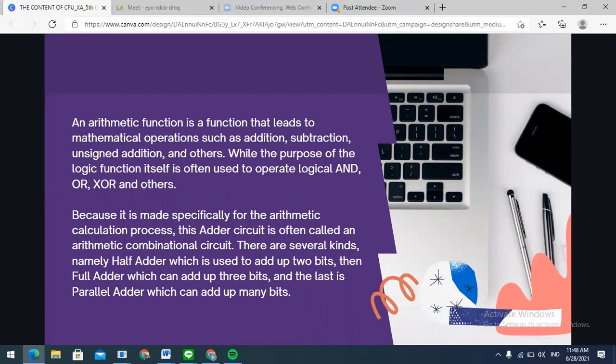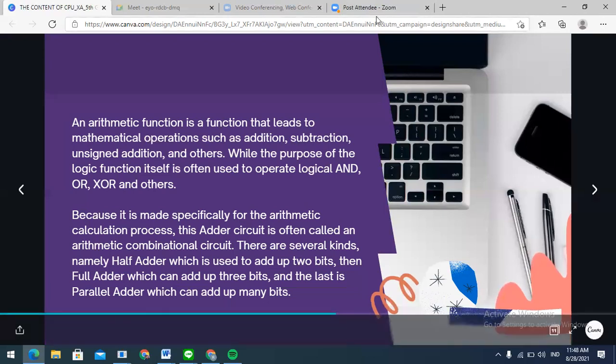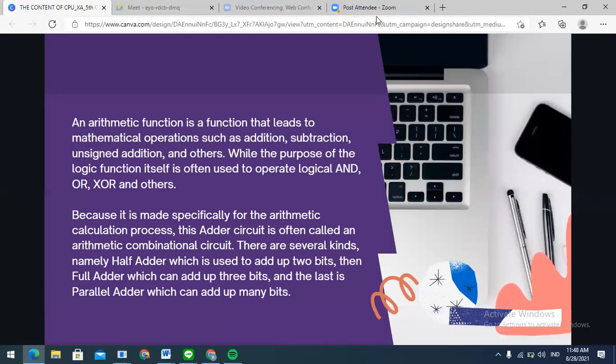This other circuit is often called an arithmetic combination circuit. There are several kinds, namely half adder, which is used to add up 2 bits, then full adder, which can add up 3 bits, and the last is parallel adder, which can add up many bits.